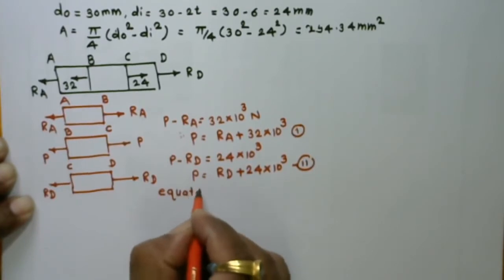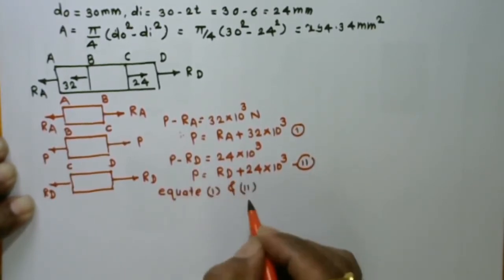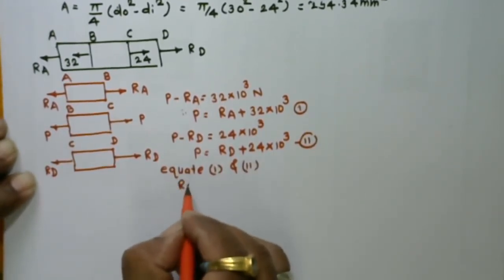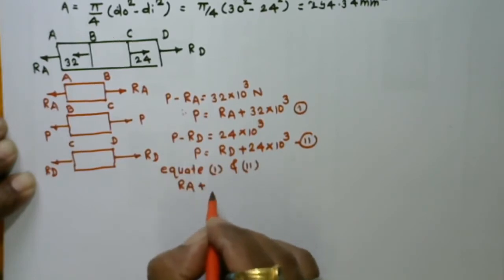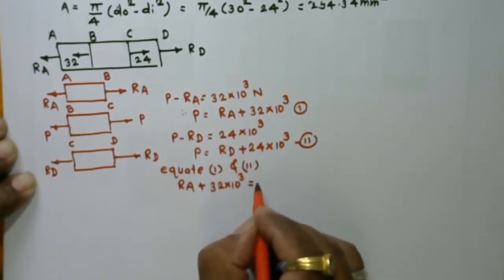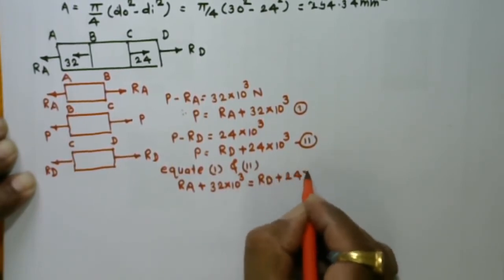RA plus 32 into 10 raised to 3 is equal to RD plus 24 into 10 raised to 3.